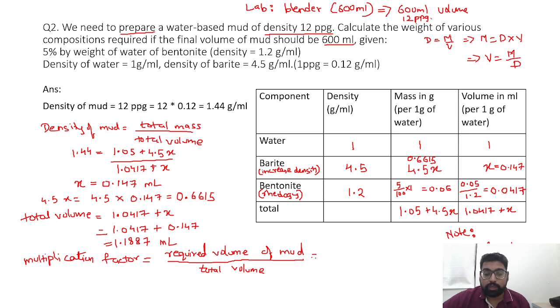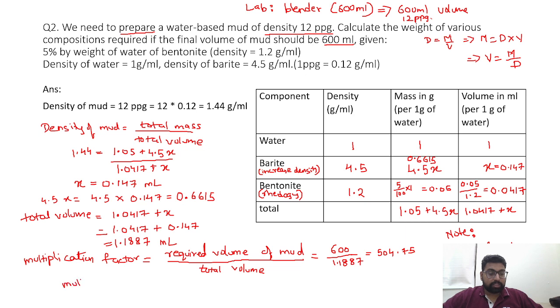If you put the values, the required volume is 600 ml and the total volume is 1.1887. So the multiplication factor is 600 upon 1.1887, which is equivalent to 504.75.